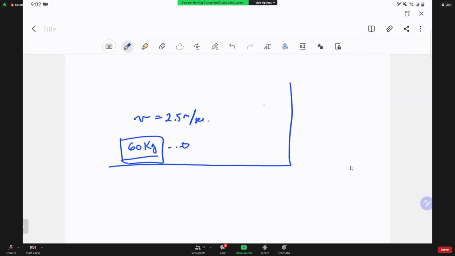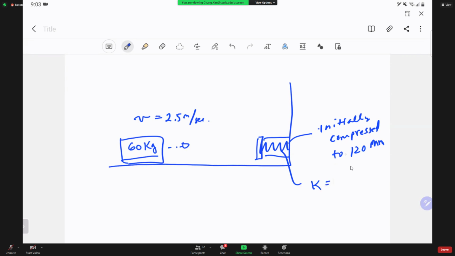I have a spring here, which is initially compressed to 100 millimeters. The spring stiffness K is given as 20 kilonewtons per meter.